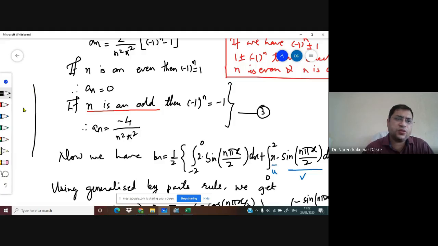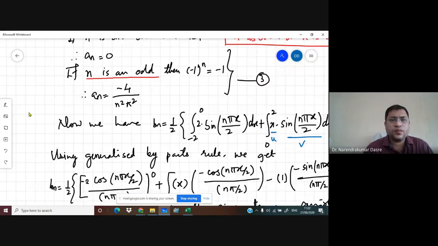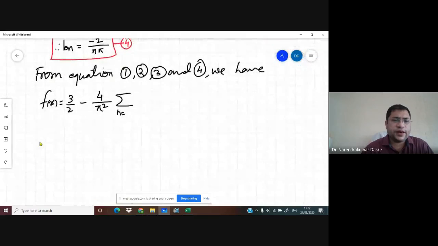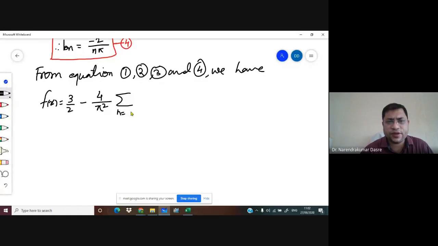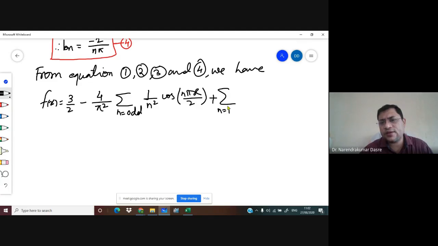And that's why we have to write here, while writing the Fourier series, that this only exists if n is odd, and we have cos of n pi x by 2, plus summation n running from 1 to infinity.